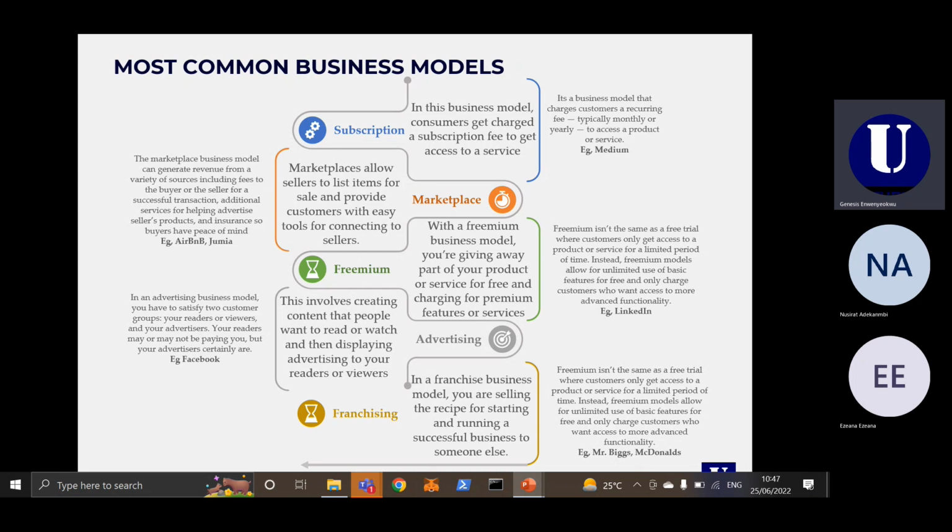And so a business can have different business models. A good example is LinkedIn. LinkedIn does freemium, giving part of its services for free. They also do subscription: you subscribe for their premium plan.